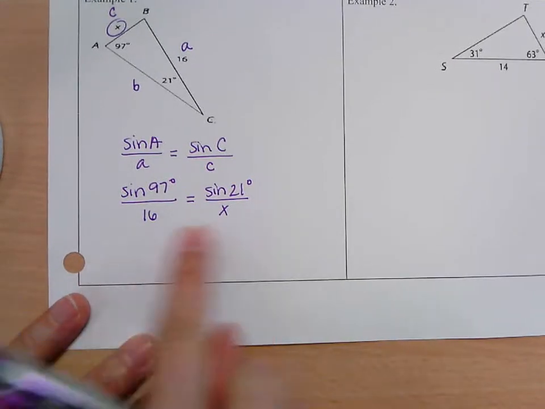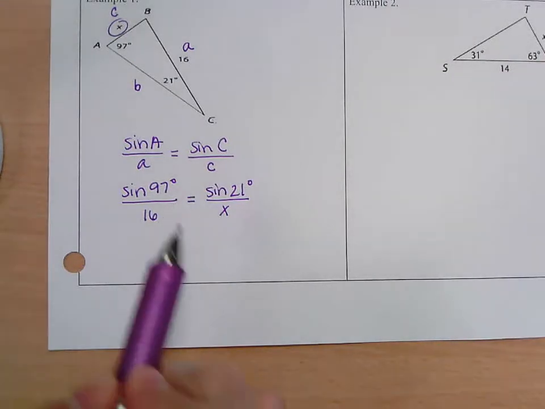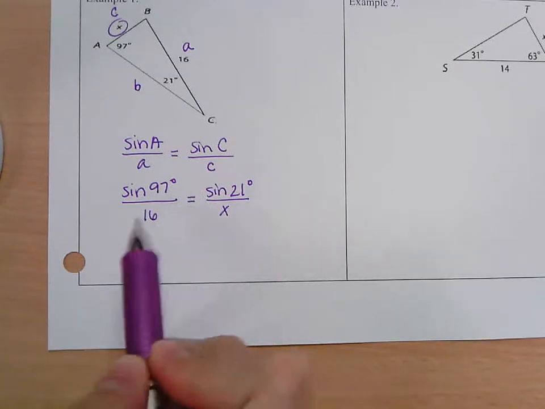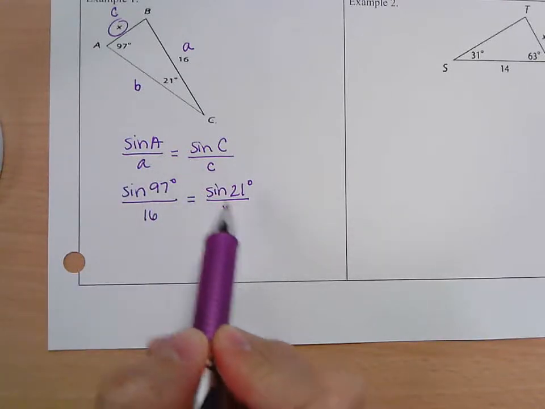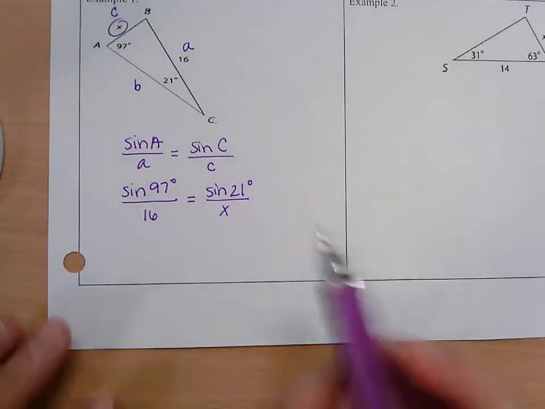Now I solve this proportion to find x. Reviewing from algebra, how do you solve a proportion, Katie? Yes, cross multiply and divide, or I like to set it up this way so we don't make mistakes. You are cross multiplying and dividing, but I would set the cross products equal to each other and then do the division.